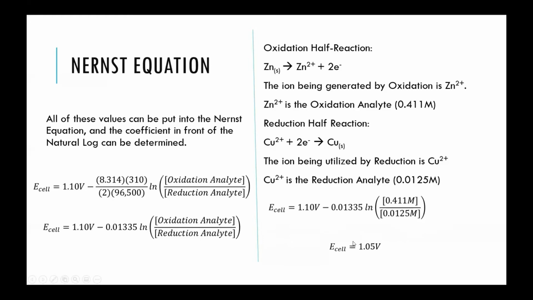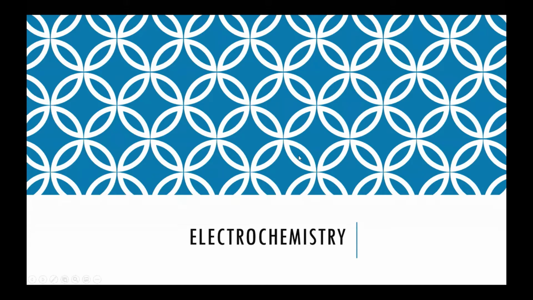And it went down by 0.05. So you can use this Nernst equation to figure out what the chemical potential is, what the voltage of these redox reactions is under a wide variety of different environments.